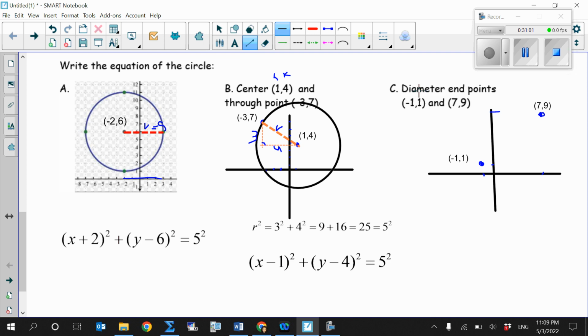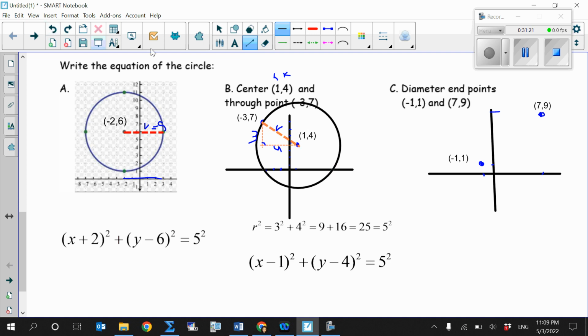You know, diameter is the line which is passing through the center of the circle and from both sides is touching the perimeter, like this one, for example. This is a diameter, or this one is diameter. And we know diameter is 2 times the radius.